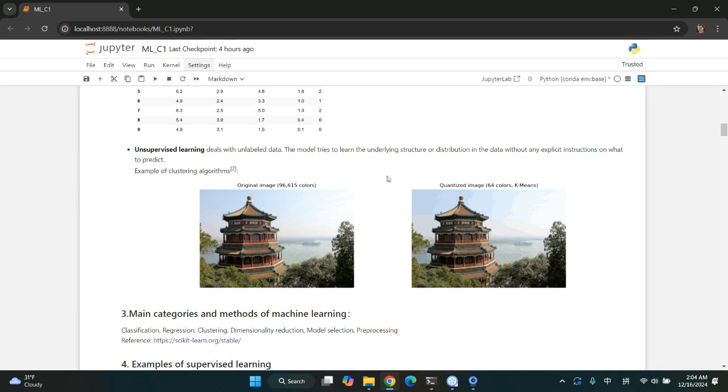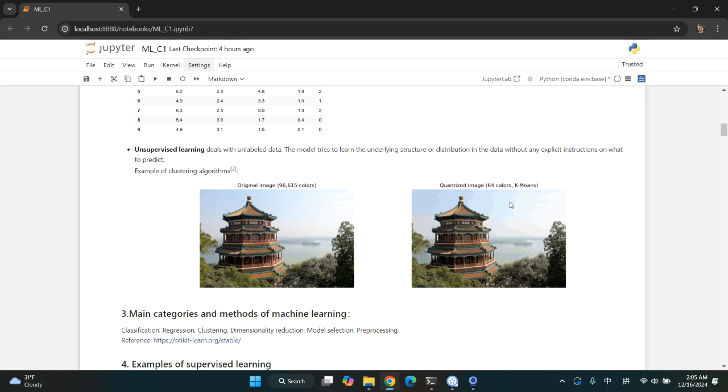There's an algorithm called k-means. K-means is a clustering algorithm used for unsupervised learning. We use the k-means algorithm to find the pixels whose colors are close to each other. K-means helps us split this picture into different clusters.